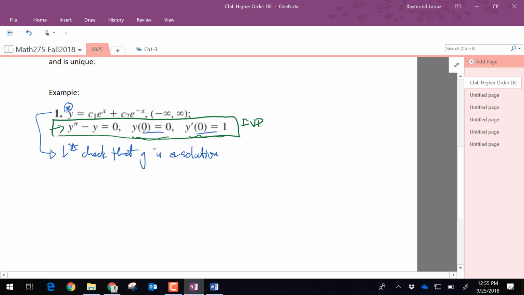And then this is a two-parameter family of solutions, because there's a C1 and C2 that we don't know. And so essentially, we have to find C1 and C2. Well, we have to use both initial conditions at the same time to find C1 and C2.